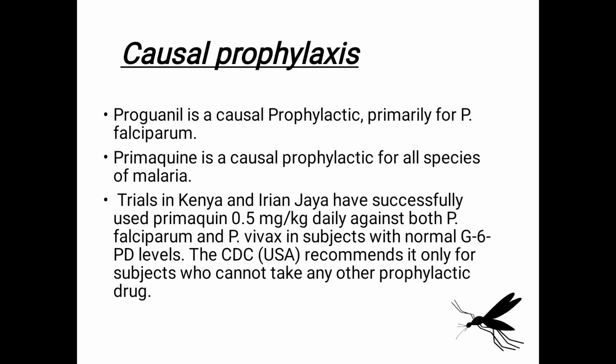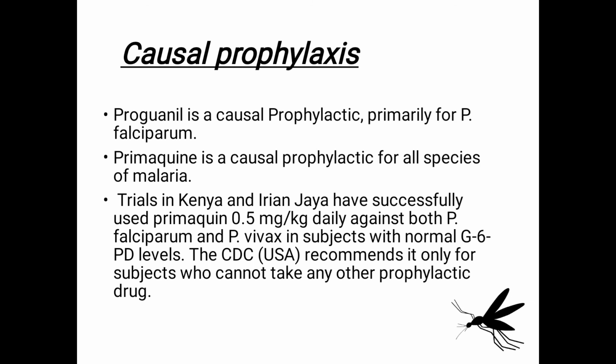In G6PD deficiency, there is an increase in oxidative stress in RBCs, and this may in turn have a negative influence on the parasite. As such, individuals who possess the mutation have some protection against malaria.